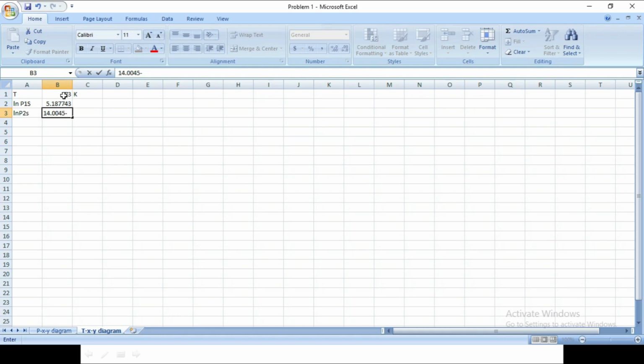In Excel: 14.0045 minus 3279.47 divided by T minus 60.00.